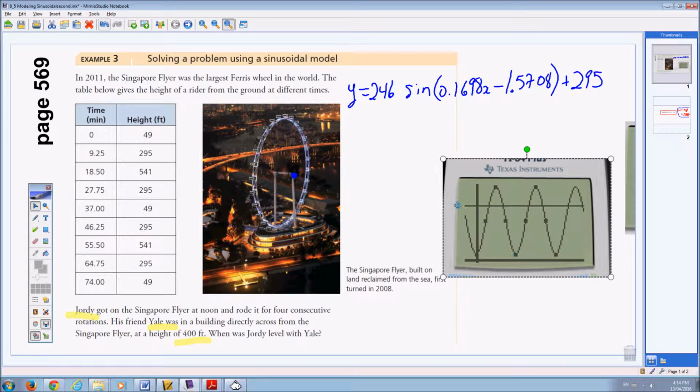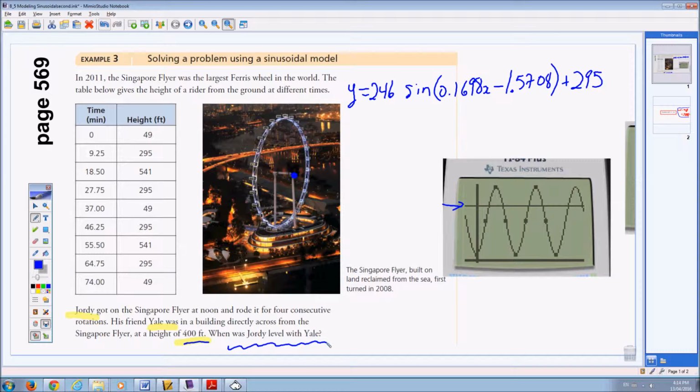Now you can also see I've put a line through this here, and that line matches up with our friend who's up in the building, Yale, at 400 feet. Because the question asks, when was Geordie level with Yale?